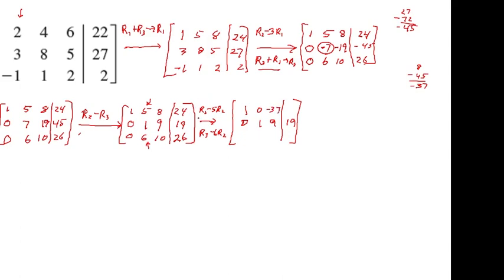And 24 minus 5 times 19. I think I'll use a calculator for this one. Let's see, 24 minus 5 times 19. I get negative 71.